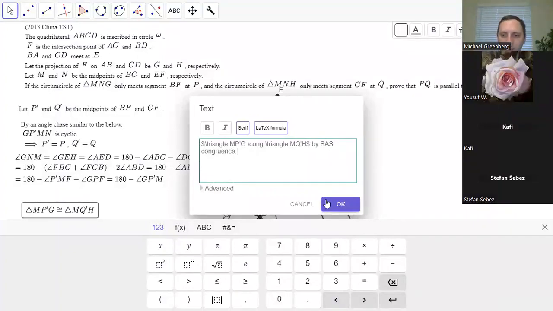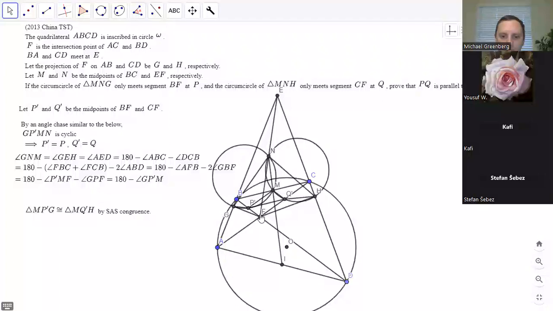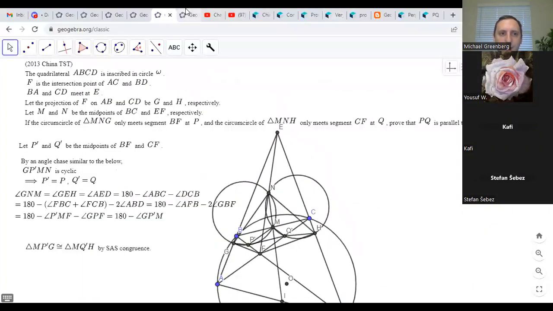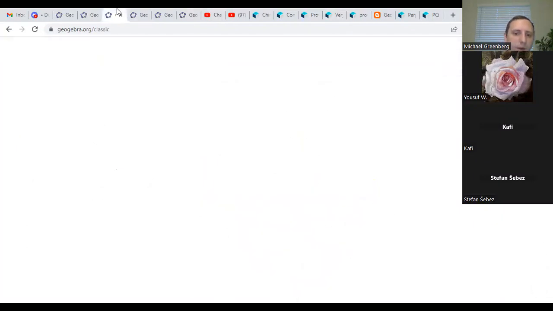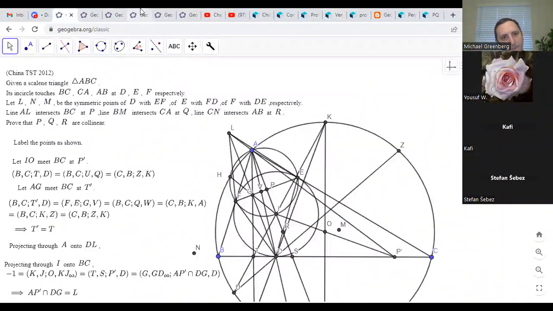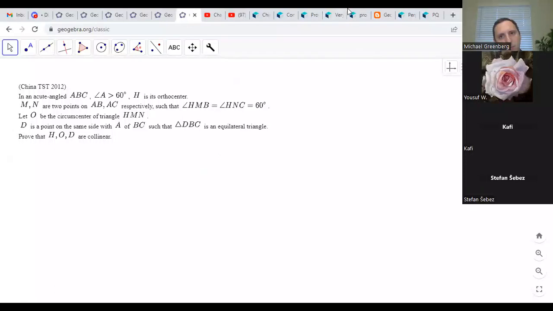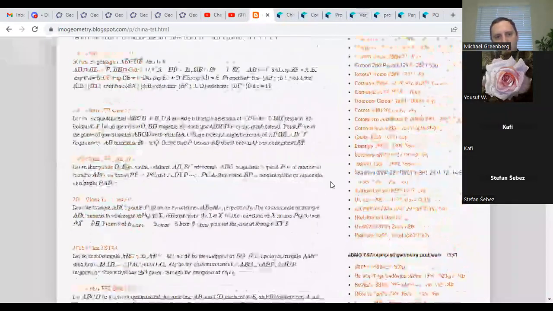All right, let's move on to another problem. So yeah, you have to do some angle chasing, but it should be easy enough. Yeah. Can we do an IMO problem, because China TST problems are more like straightforward, and not like straightforward.